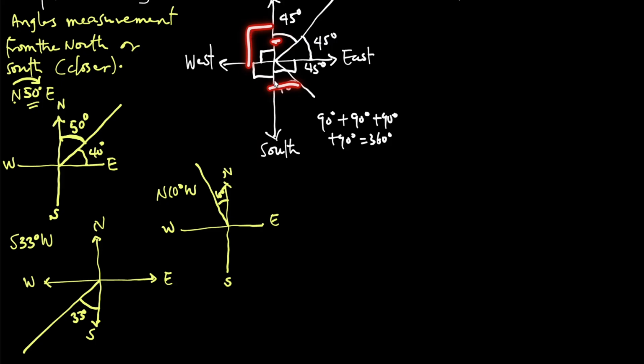So if you're taking any angle from here, but it's still within the south and the west, it means any angle that you're going to be given cannot go beyond 90 degrees. And that's why sometimes you find some texts referring to compass bearing as acute angle bearing.